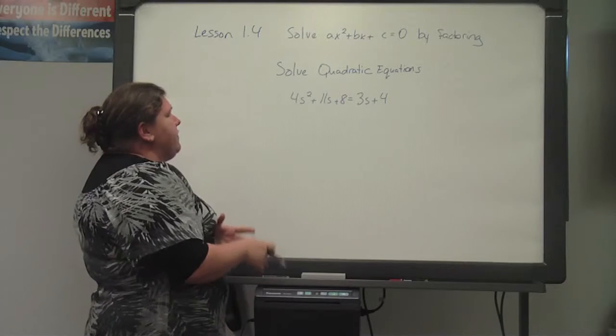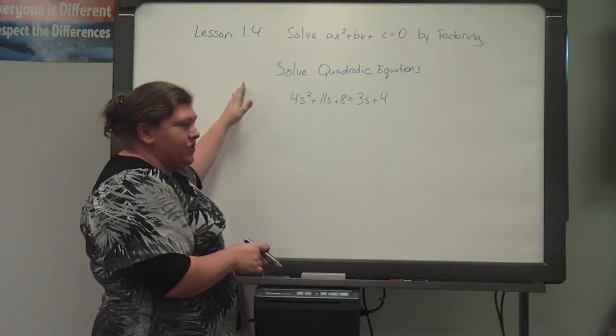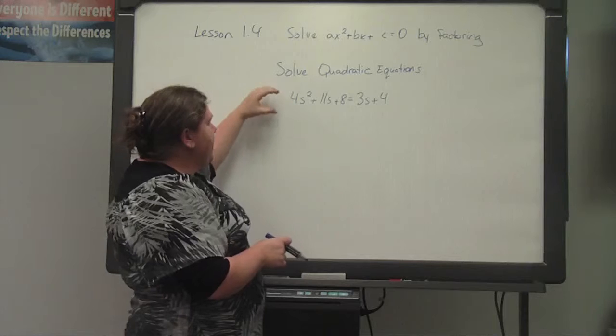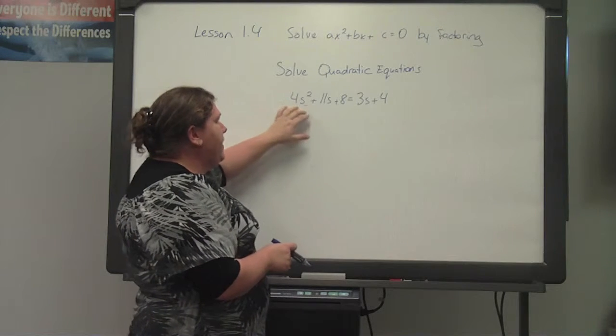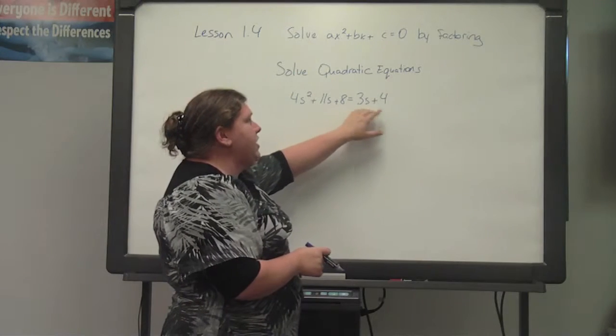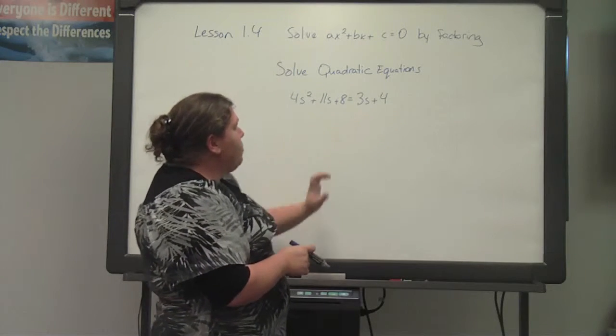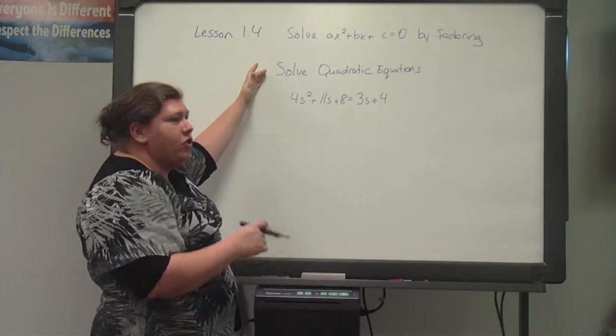The last part of this lesson is going to have us solve quadratic equations. And we can see in our example here we have 4s squared plus 11s plus 8 equals 3s plus 4. But in order to solve a quadratic equation, we need to have it in standard form.